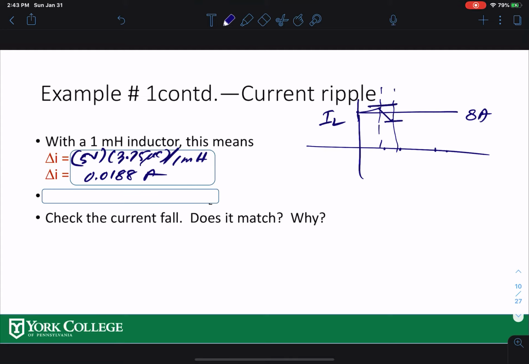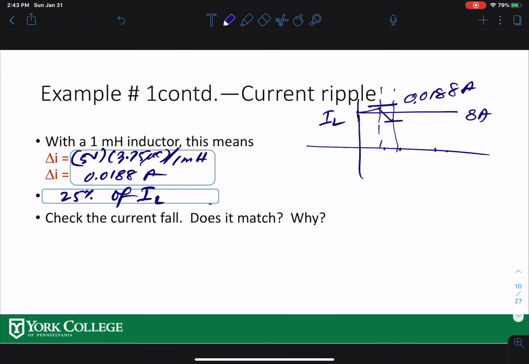This ripple over here is 0.0188 amps, and it continues from there. So 0.0188 amps is basically 0.25% of IL, which is the average current of 8 amps.